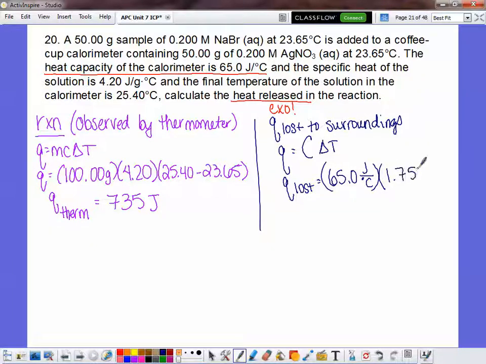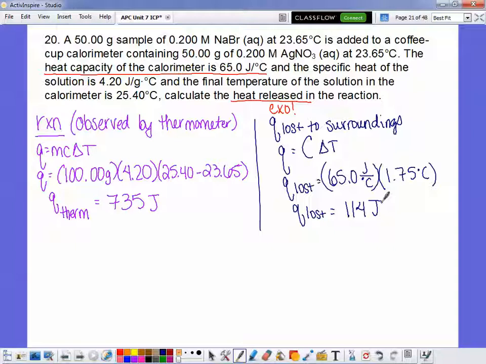Yes, and that was the 25.40 minus 23.65. So how much heat is being lost to the surroundings? 114 joules.